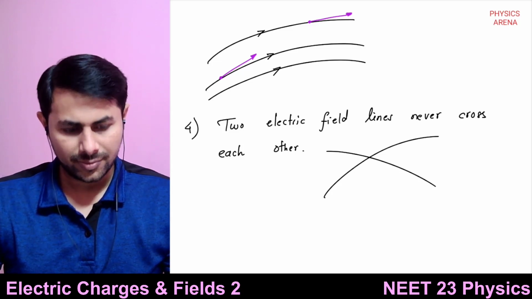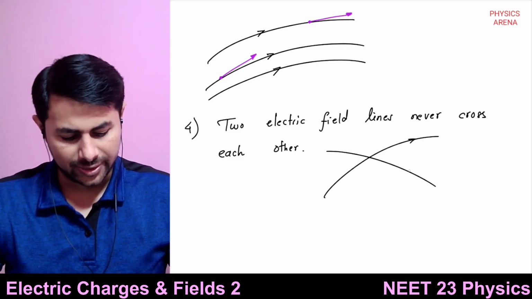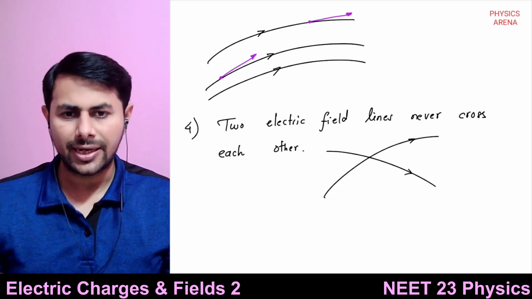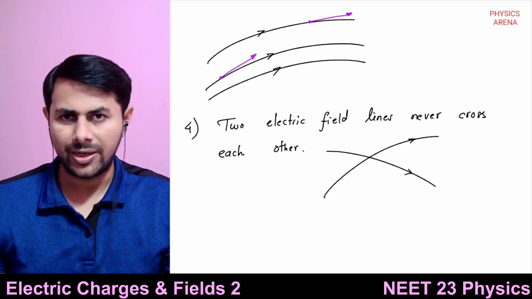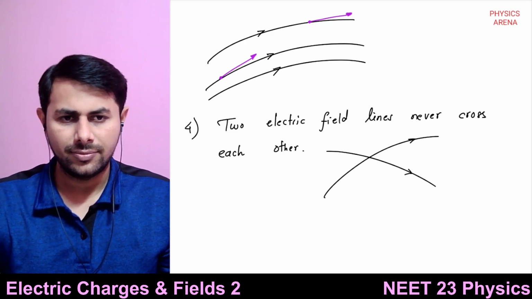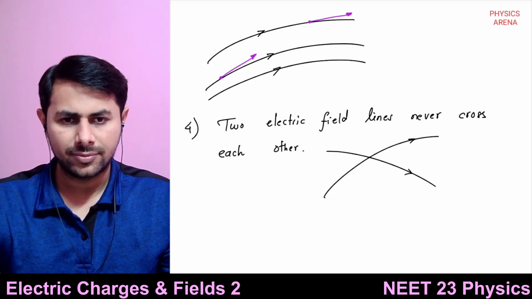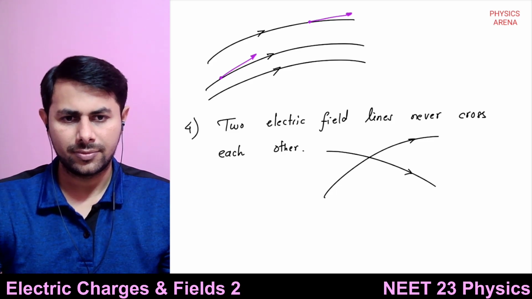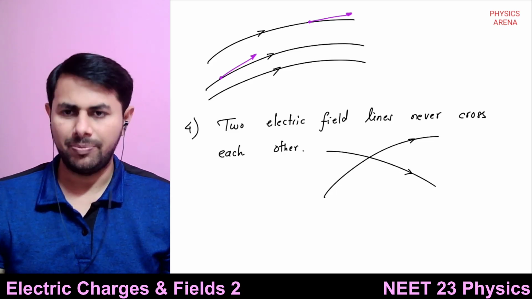Let's suppose these are two electric field lines. Why are this kind of electric field lines not allowed? It's simple.